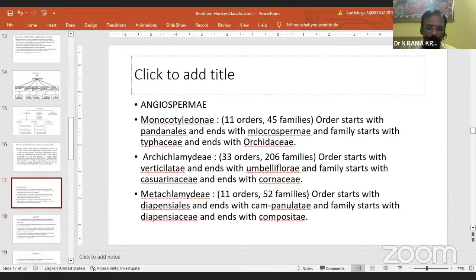Angiosperms were further divided into two classes, monocots and dicots. Orders and families were provided, and embryological, anatomical and geographical data of the families are given. So this is the Engler-Prantl classification, the total 13 divisions. Here now you see one in angiosperms.